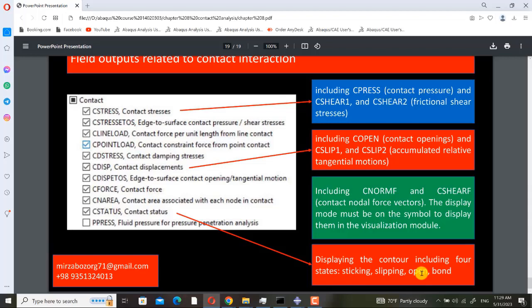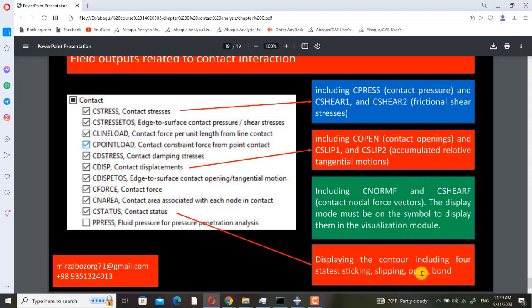Basically, a contact interaction has 2 basic status. Okay, first one is open, the other one is closed. When the contact is open, it means that the clearance is more than 0.